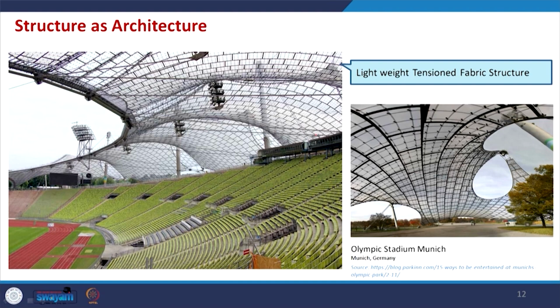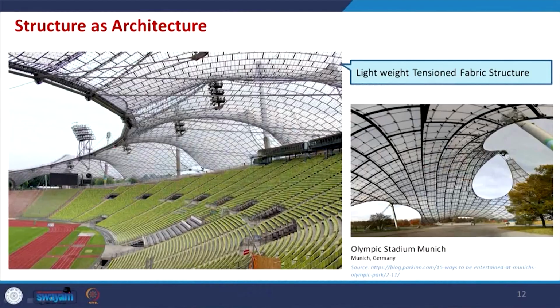In the earlier lecture we discussed so many, one example from your Arizona State University campus, that Sun Devil structure, but here also it is just the arrangement of the vertical posts, if you can see in detail.